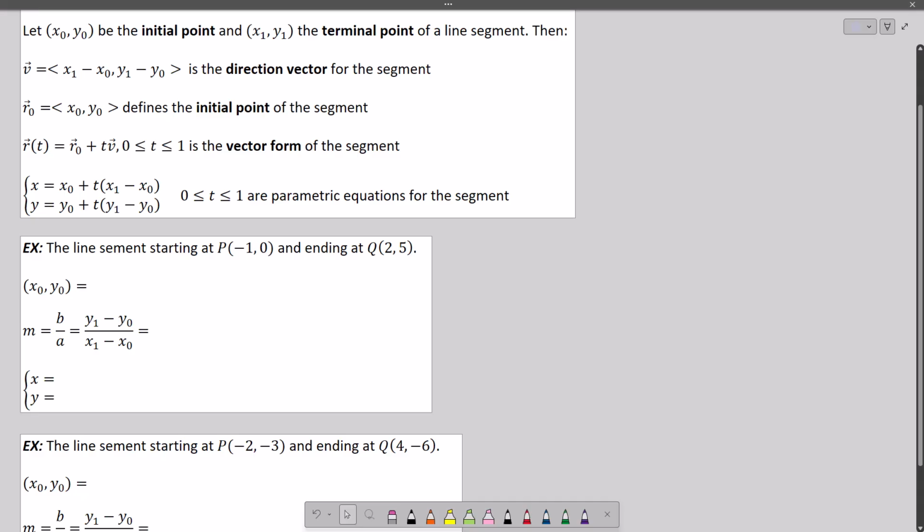So if you're going to think in terms of vectors, that would be the equation. It's always going to be from 0 to 1 to get a line segment if you create your direction vector by taking the terminal point and subtracting off the initial point. So for this direction vector for a line segment, we form x1 minus x0 and y1 minus y0.